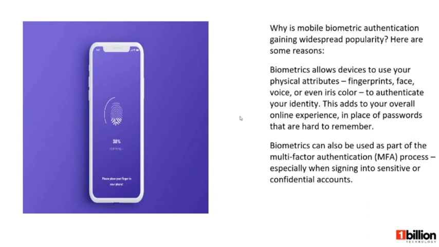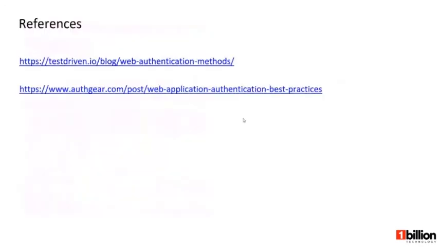Biometrics allow devices to use your physical attributes, such as fingerprint, face, and voice, to authenticate your identity. This improves your overall online experience in place of passwords that are hard to remember. Biometrics can also be used as part of the multi-factor authentication process, especially when signing into sensitive or confidential accounts.